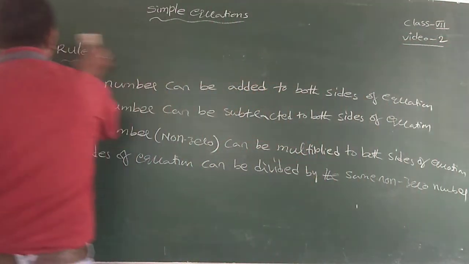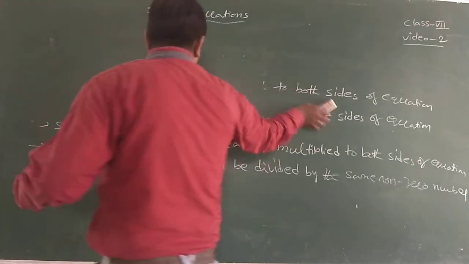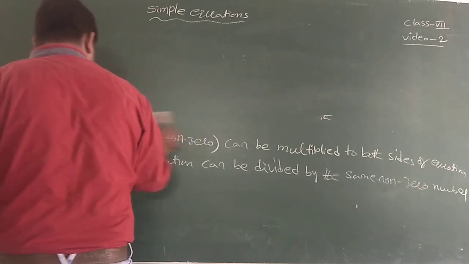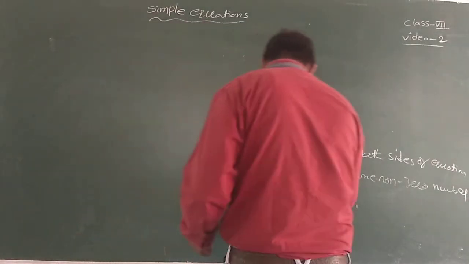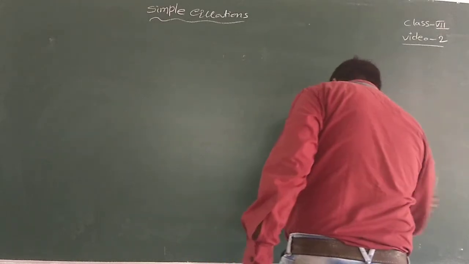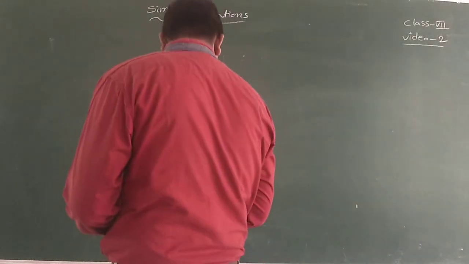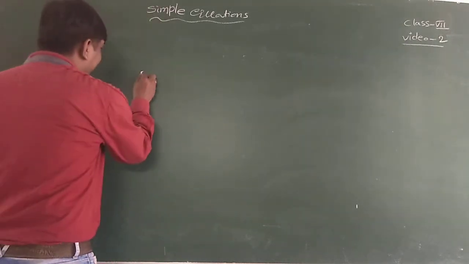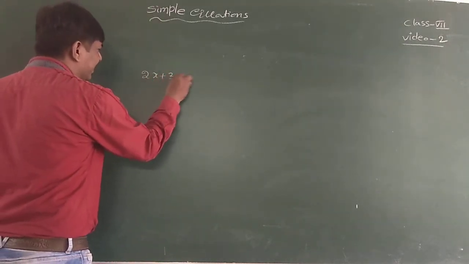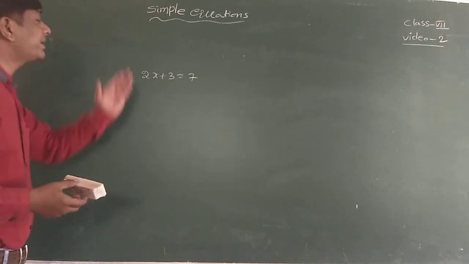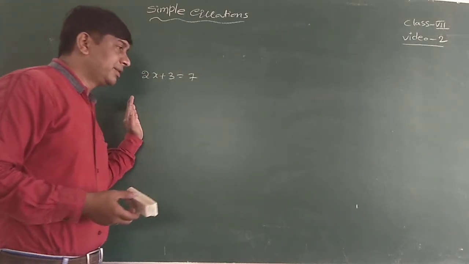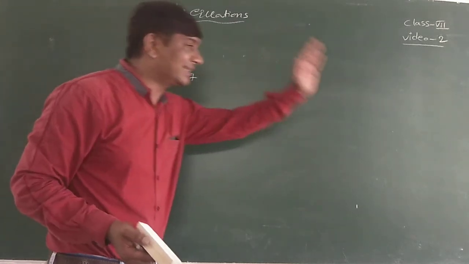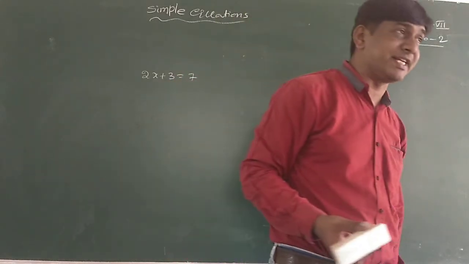Next, transposition. What is meant by transposition? Suppose 2x plus 3 is equal to 7. Any term of the equation may be taken to the other side with the change of sign.